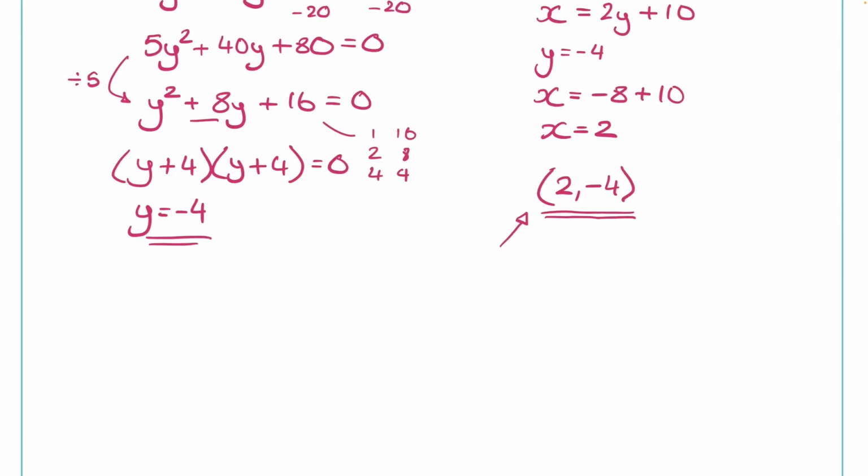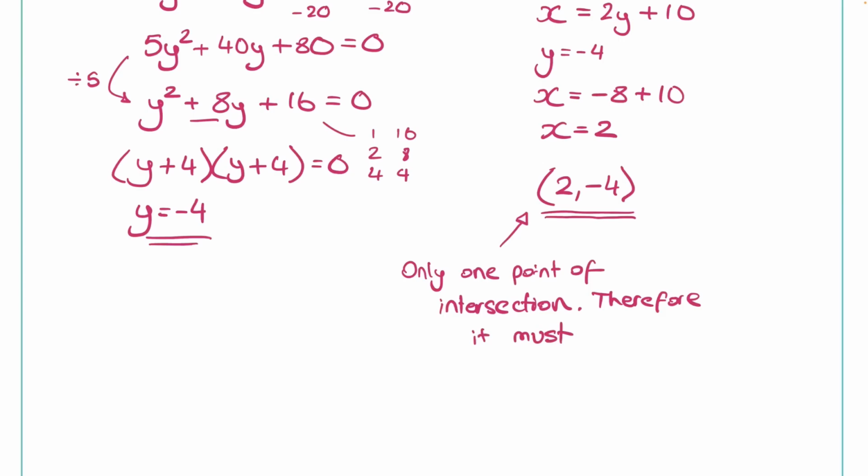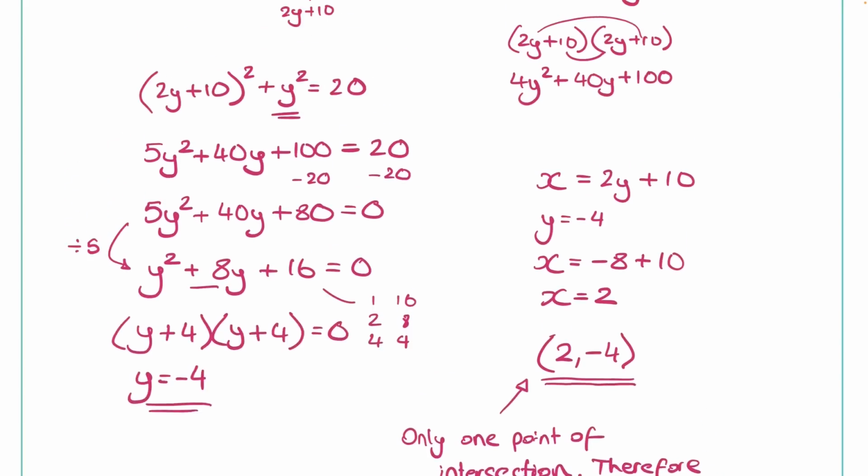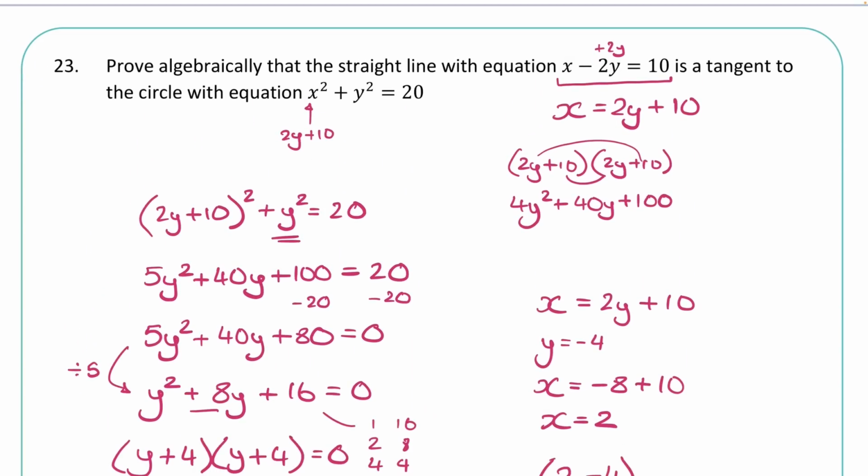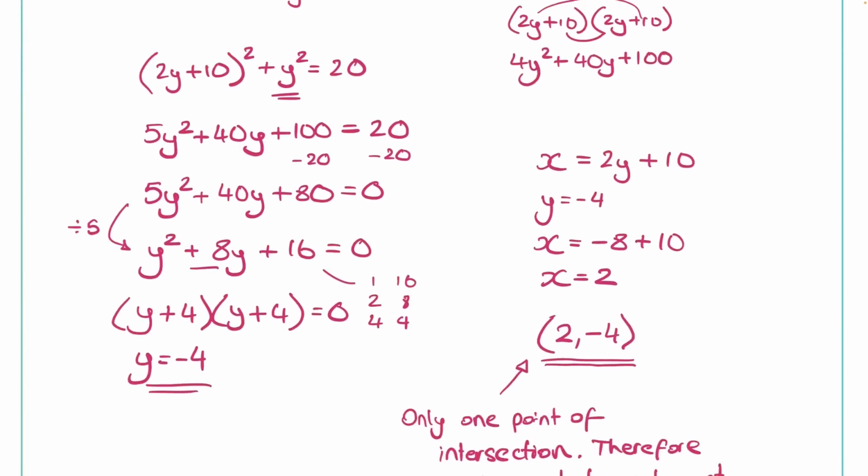Well, I would probably put here we only have one point of intersection, and therefore it must be a tangent. And there we go. That adds just that extra level of proof that shows that you know what you're talking about. So there we go, only one point of intersection, therefore it must be a tangent, and we used quadratic simultaneous equations in order to figure that out.